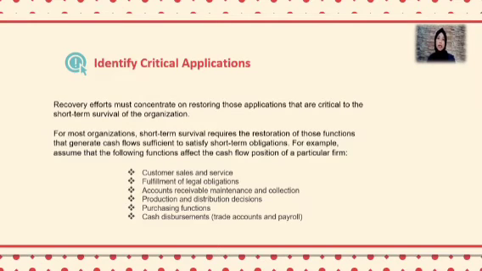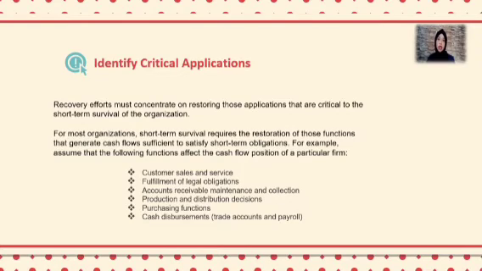So, for most organizations, short-term survival requires the restoration of those functions that generate cash flows sufficient to satisfy short-term obligations. So, for example, a particular firm has these following functions that affect their cash flow position.